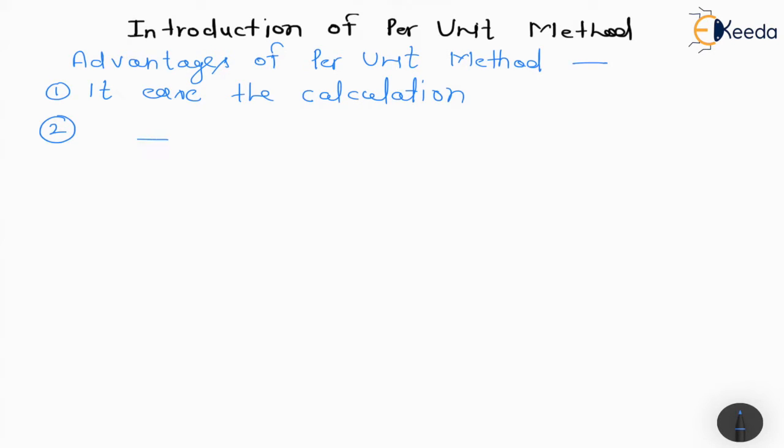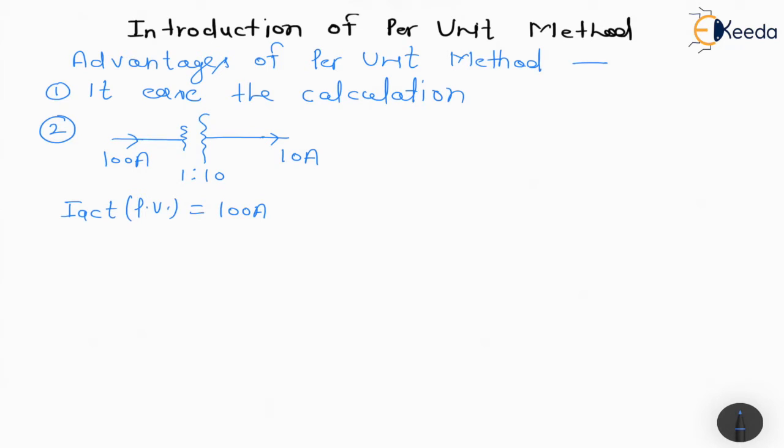If we have a transformer in the circuit, and the ratio is 1 is to 10, and the actual current on the LV side is 100 ampere, then the current on the HV side will be 10 ampere.